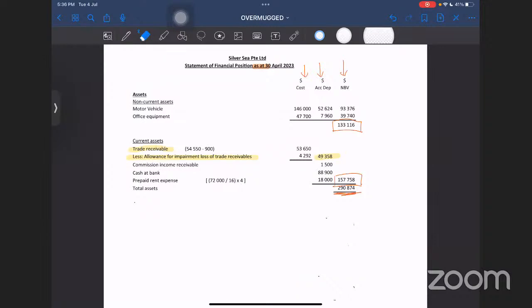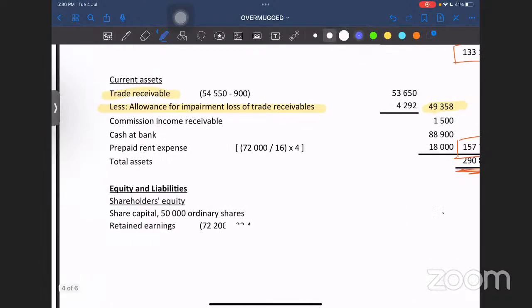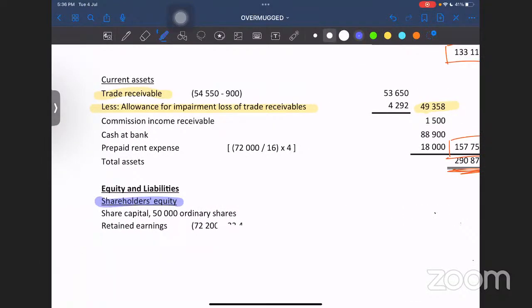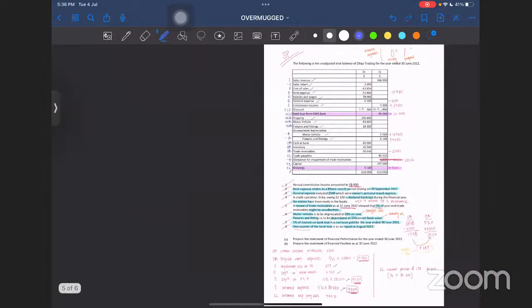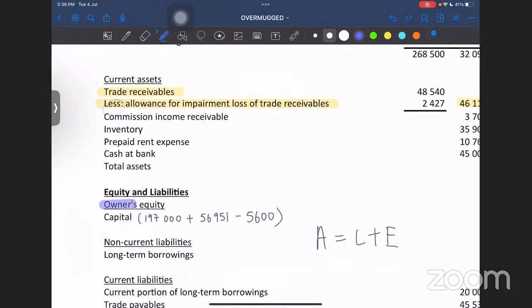Second portion, it will be equity and liabilities. So for now, since this is a company, it's a company already. This is not a sole proprietor. Now you notice that it is shareholders' equity, no longer owner's equity. So the previous one just now, that was owner's equity.